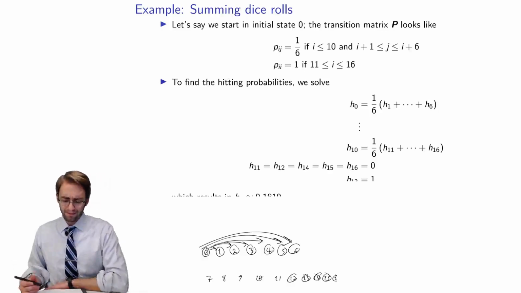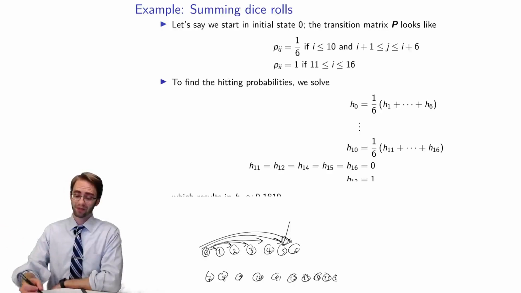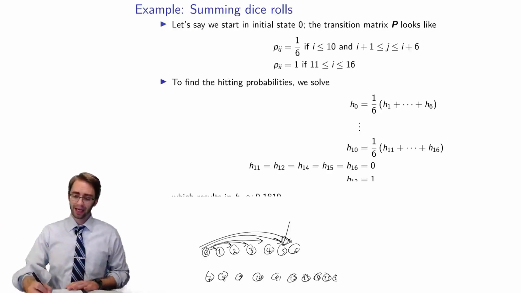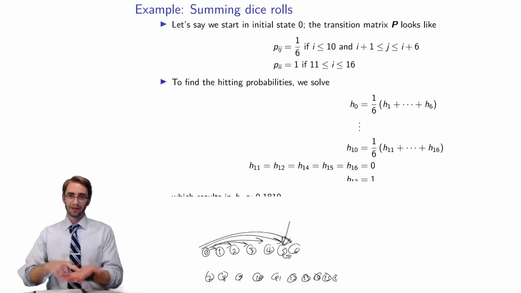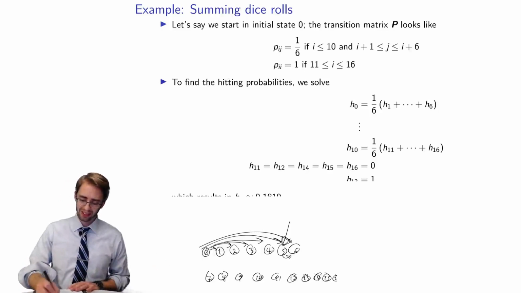And then you'd say, okay, for example, let's suppose I'm in a state. I won't draw the whole chain, it's just going to get really ugly. But let's say I'm in state 5. If I'm in state 5, what are the possible things that could happen? If I've totaled up to 5, then I roll a 1 through a 6, and so I'll either land in 6, 7, 8, 9, 10, or 11.